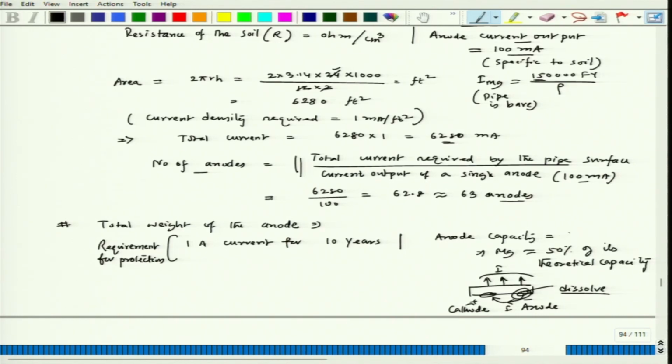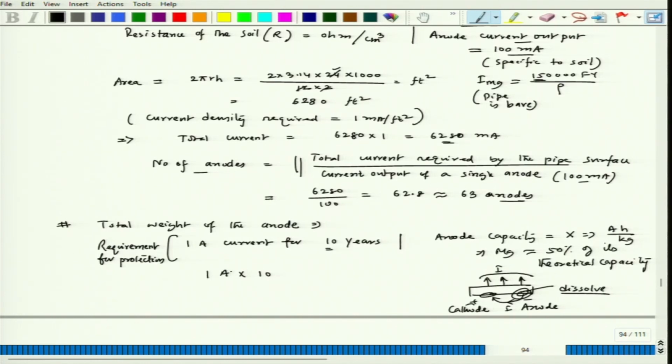Now, if we know the value of that anode capacity, let us say x, which is in terms of ampere hour per kg, we can find out what should be the weight by using this formula: current into specific period of protection. Here it is 10, and this current is nothing but 1 ampere.